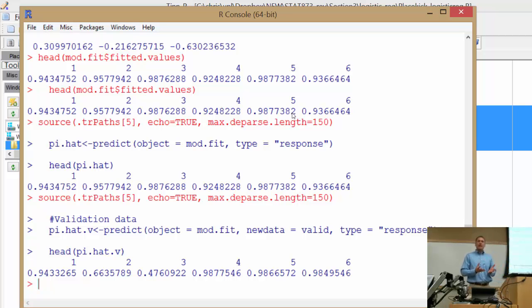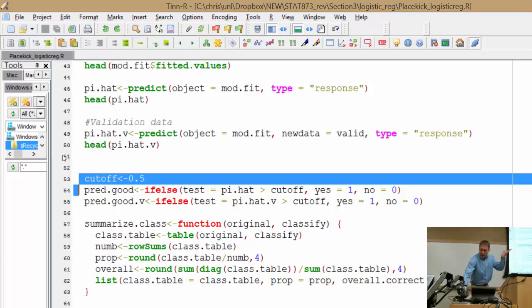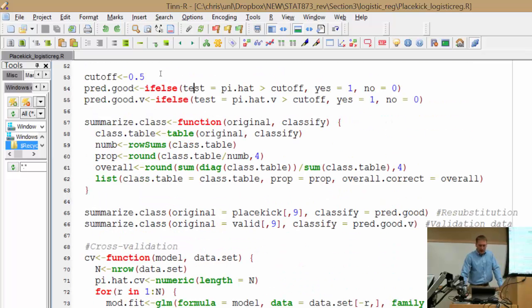Now that we have these estimated probability of successes, we can apply a cutoff probability so that we can come up with a prediction of success or failure. So I'm going to create an object called cutoff, set it equal to 0.5. And then to do the prediction, simply use an ifelse function that we've seen in the past. The test is: is my pi hat greater than the cutoff? If so, I'm going to classify it as a success, a y equal 1.